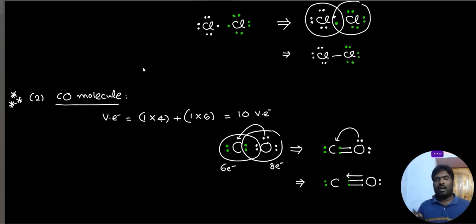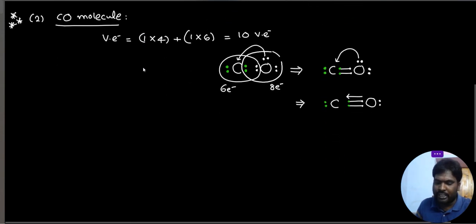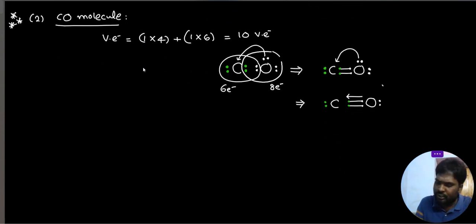Understood or not? Oxygen is the donor, carbon is the acceptor. Between the donor atom and the acceptor atom, one bond is formed, that is a dative bond, or coordinate covalent bond.